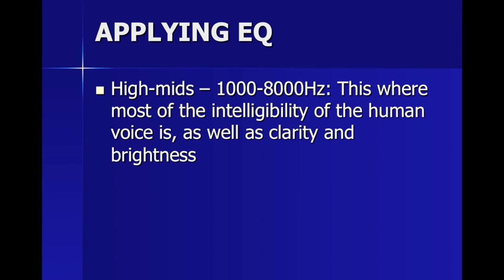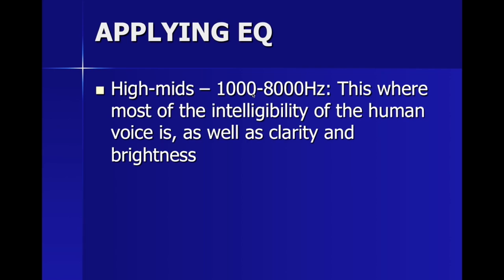Above that, we have our high mids, and this starts at about 1K and goes up to about 8,000 or 8K. Now keep in mind there's a little bit of overlap between these, but these are pretty close to about where these different frequency ranges start. Now this range here in the high mids, this is where most of what we can hear as humans, and especially where the center frequencies of the human voice are located.